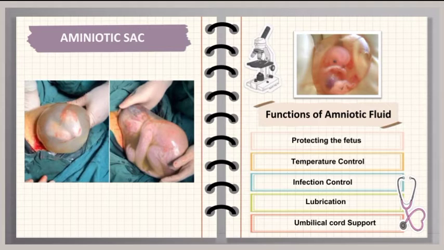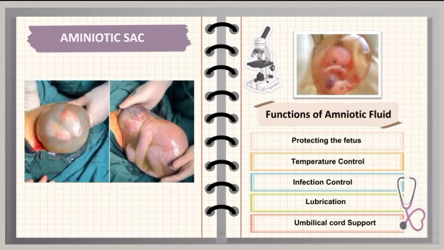The next is temperature control. The fluid insulates the baby by keeping it warm and maintaining a regular temperature. The third is infection control. The amniotic fluid contains antibodies which destroy infection or bacteria inside.